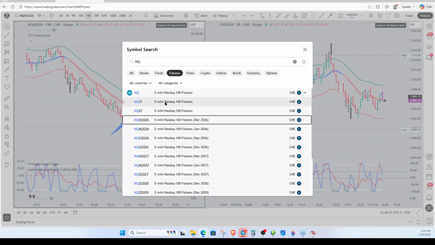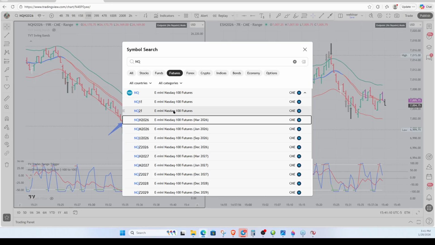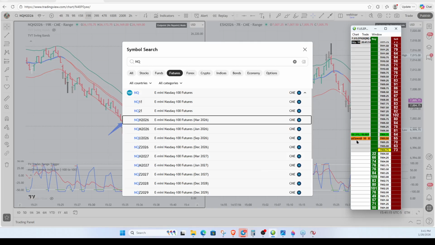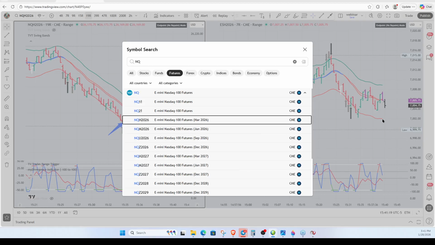If I go to the NQ1, that's the leading contract right now, right? The H contract, that's what it should represent. But when you get around rollover time, then sometimes this won't represent the contract that you think it's representing. Yes. Lock in 2 ticks on that. Okay, that should make it down here to 7,002. That's what it means. So I like to use the actual contract that you're on, that we're on.